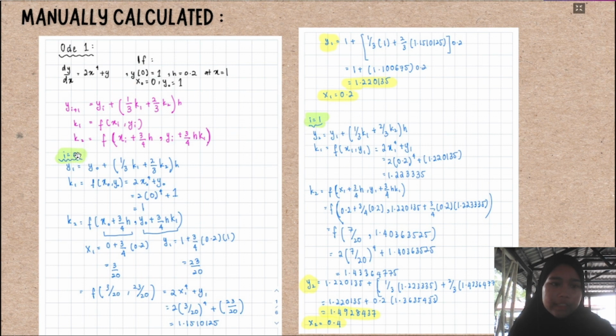First, for i equal to 0, we find y1 is equal to 1.220135 when x1 is equal to 0.2, y2 is equal to 1.4928437 when x2 is equal to 0.4, where we substitute into the formula given here.